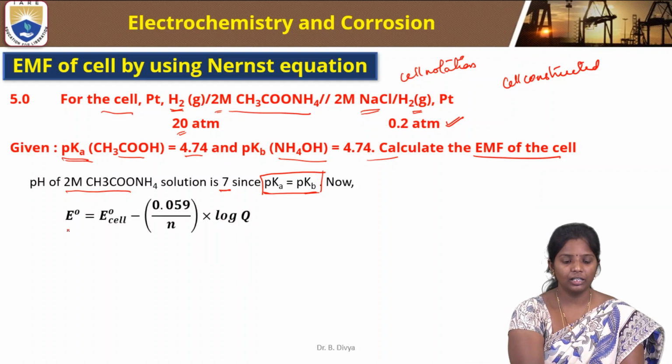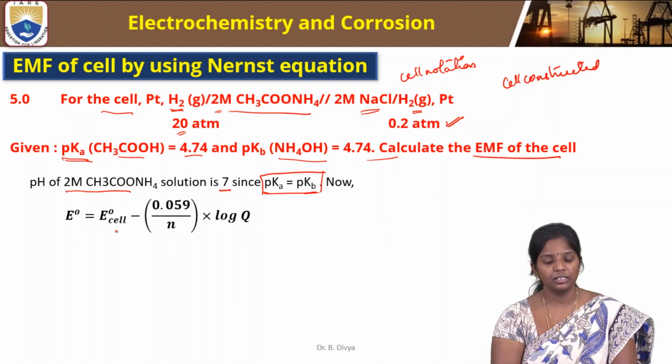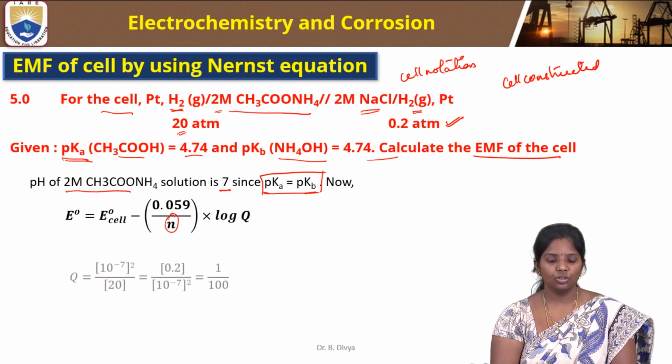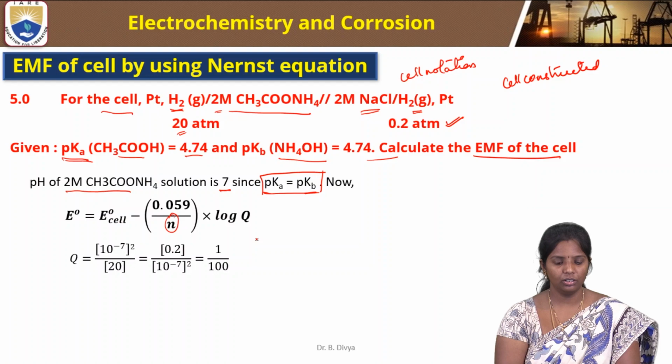So now we have to apply the formula. E is equal to E naught cell minus 0.059 by n, where n is the number of electrons, into log Q, the reaction quotient.